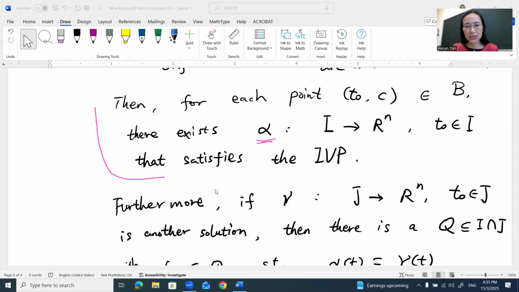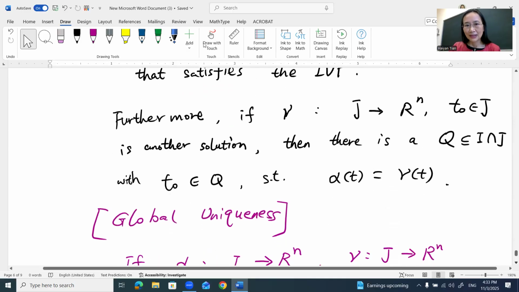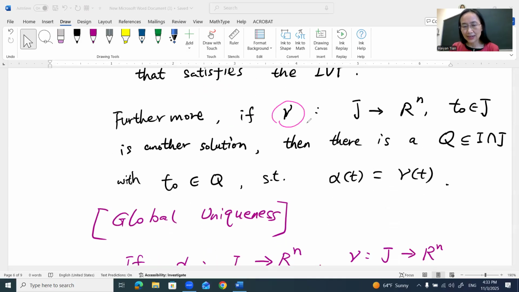The other part of the conclusion is that not only does there exist a solution, there exists only one solution. Suppose you think there is another solution, let's call it gamma, which is from a time interval J to Rn with t naught as a point belonging to that interval.